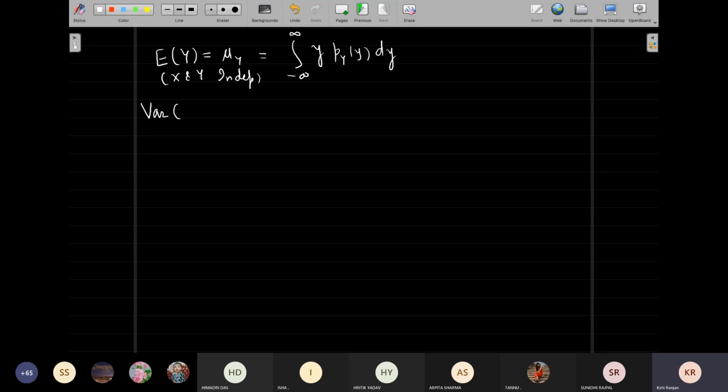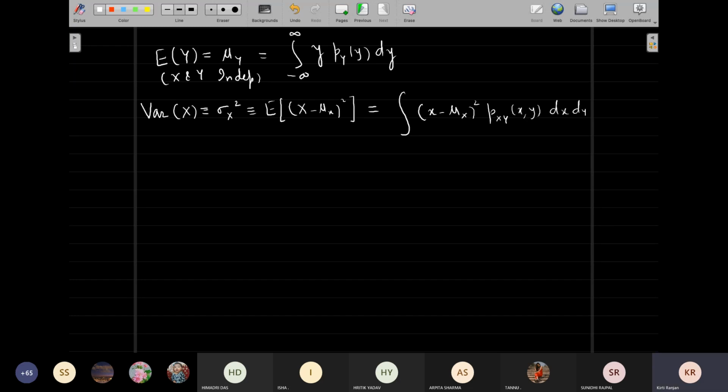So variance of X, which we define as sigma X square, is the expectation value of this. Now, definition wise, it looks rather simple: X minus mu X square, Pxy xy dx dy, and I should be integrating this.